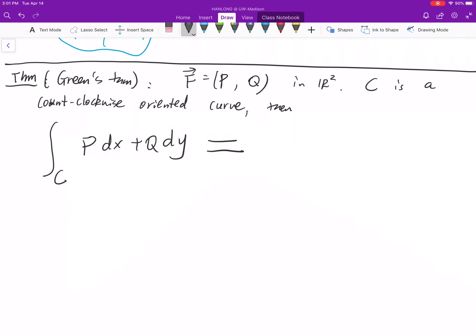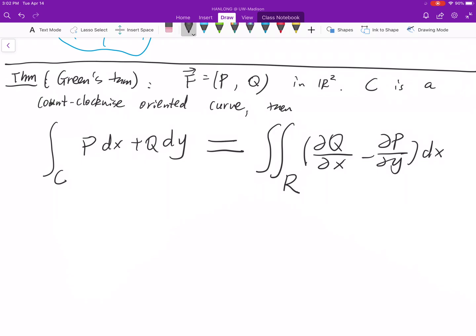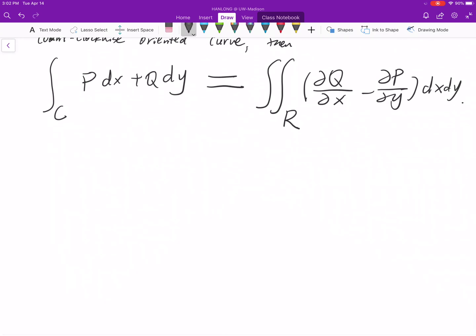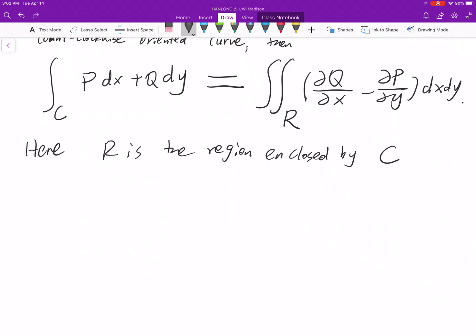This is equal to the double integral over the region R. Inside you have partial Q partial x minus partial P partial y, dx dy. Here, R is the region enclosed by C.